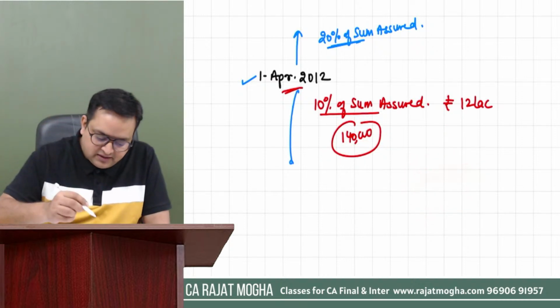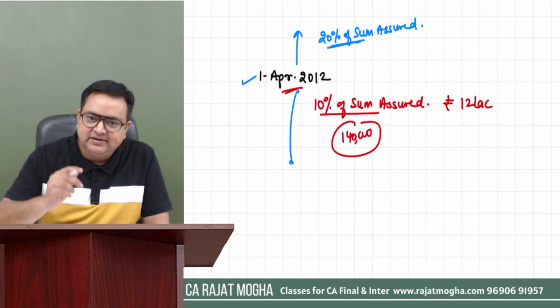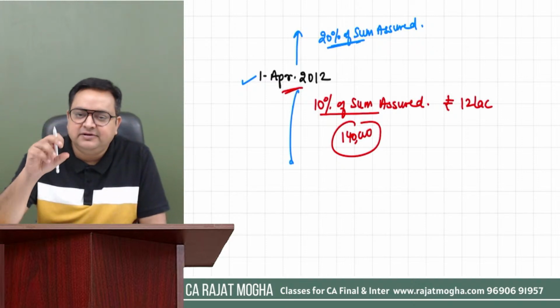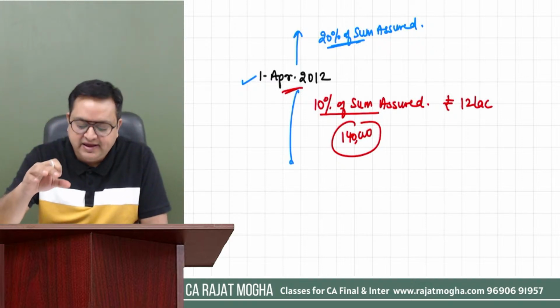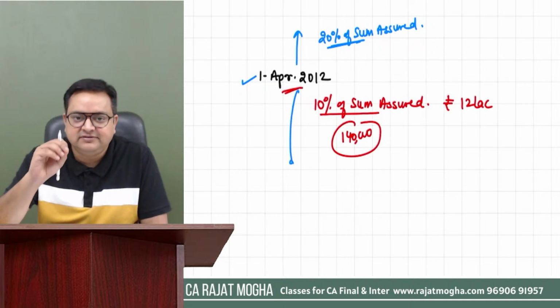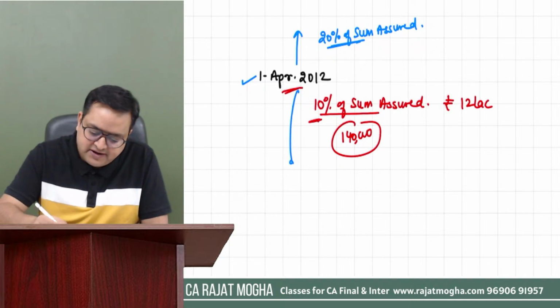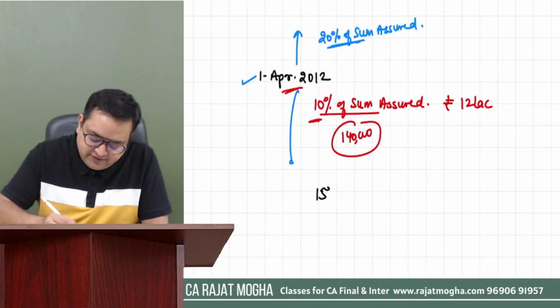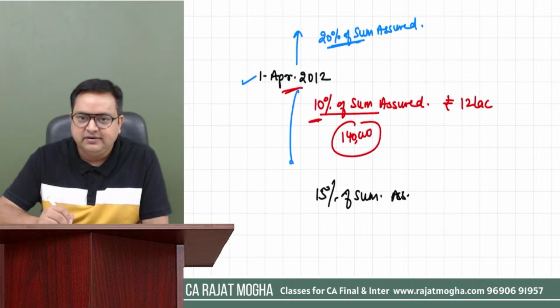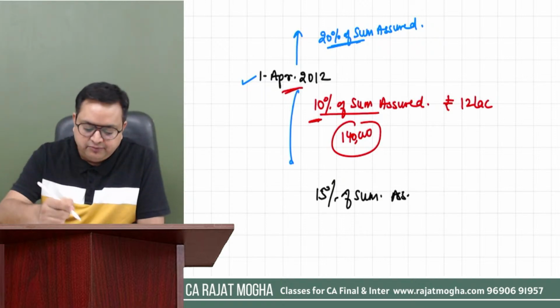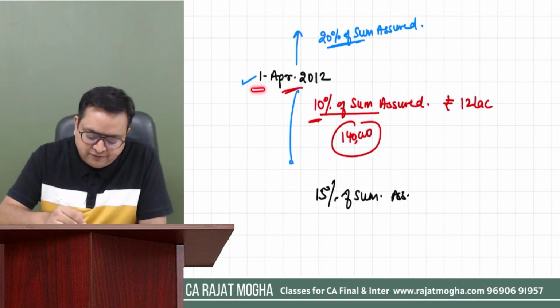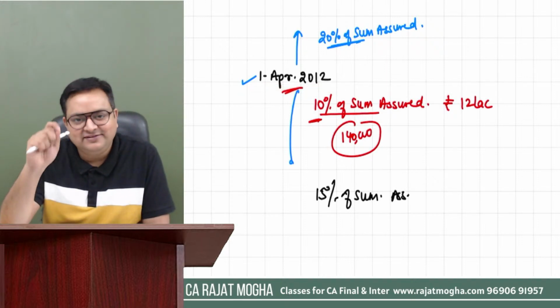And there is one more thing. If the person who is insured is physically handicapped, disabled, then we can claim 15% of sum assured. Please remember this. From first, you have to remember this date only, 1st April 2012.